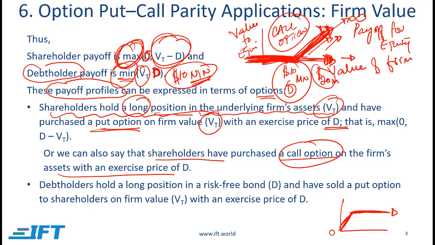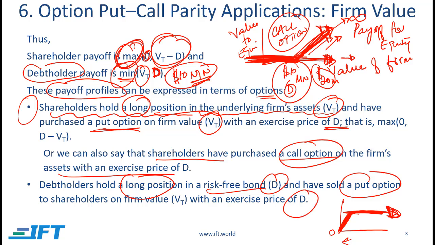So we can replicate the equity shareholder payoff with these two option positions, and as far as the debt holder is concerned, it's like they have got a long position in a risk-free bond with face value D. So their payoff over here is capped at D, because this is the investment they have made in a risk-free bond which pays D, and they have sold a put option, which means if the value falls below D, they are going to lose money, and that is why you see it going down over here, because they have a short position on a put option, which will create a loss for them.